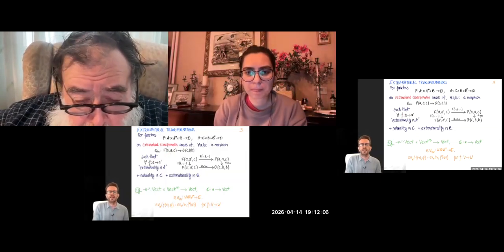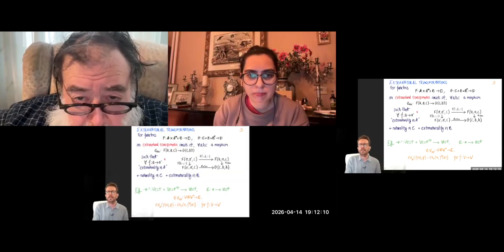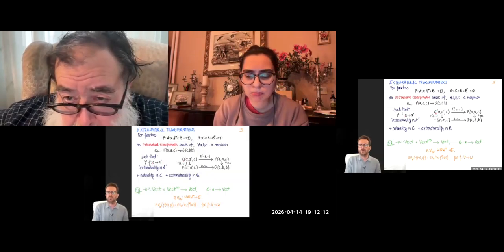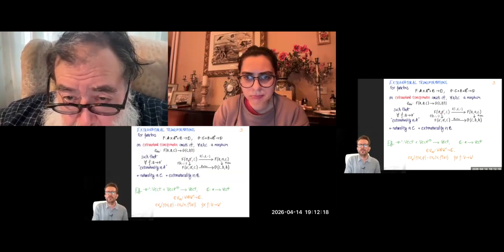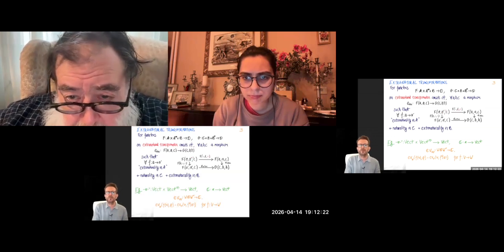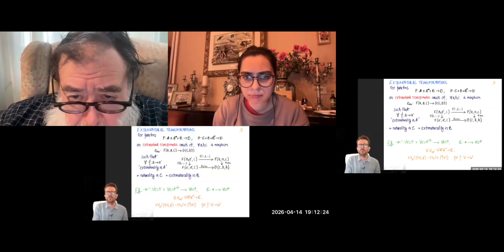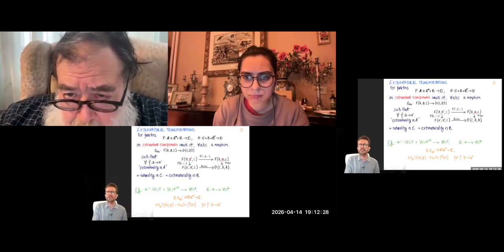So if we have any morphism F from A to A prime in A, we get that this square here commutes. So this is contravariant in the second variable. If I apply F to the second variable, it's going to go from F of A prime in the second variable to F of A in the second variable.